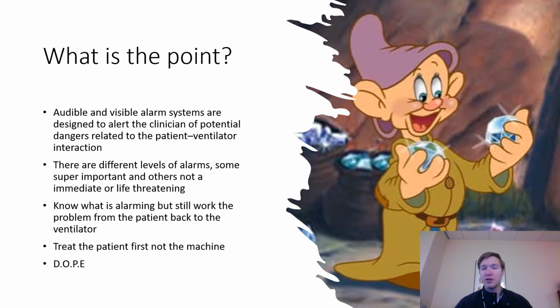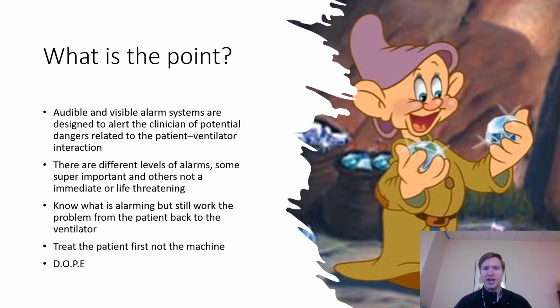So your first priority has got to be patient safety, and that's the whole point of alarms, to alert us for a patient safety issue. Whether it's a high pressure alarm or disconnect alarm, anything like that, we need to be alerted so we can rectify that situation more effectively and quickly to help avoid potential dangers and damage on the patient.